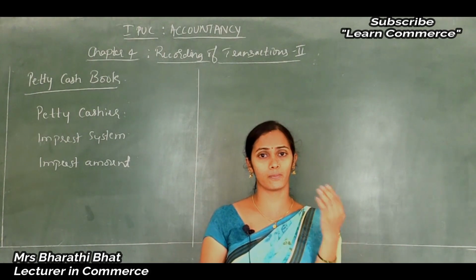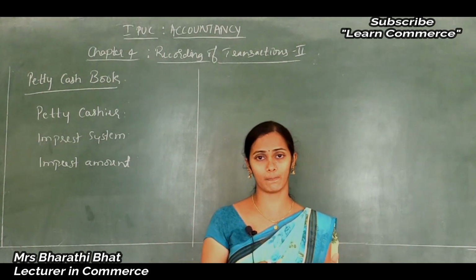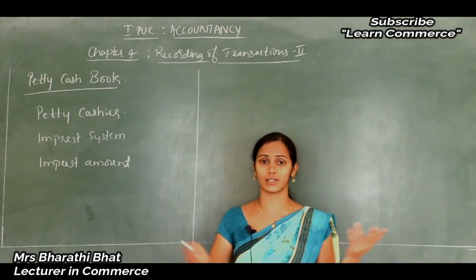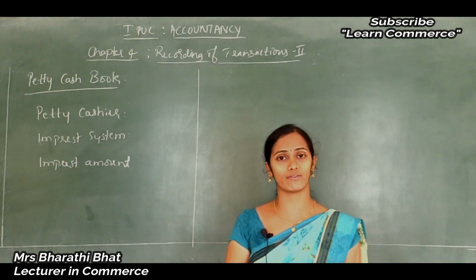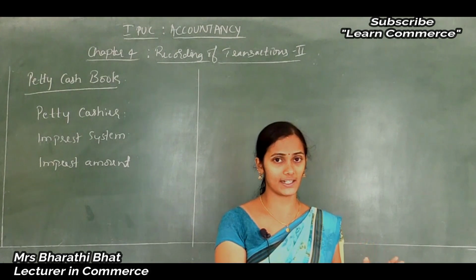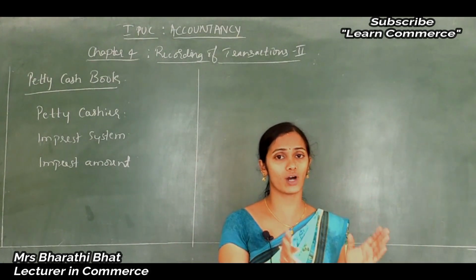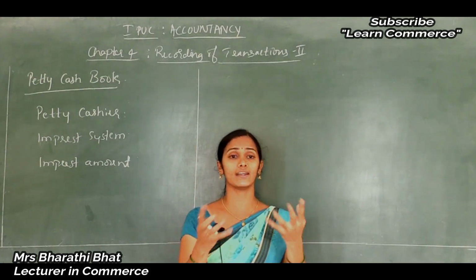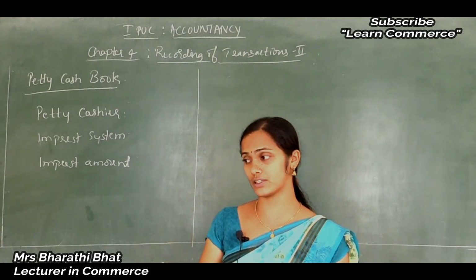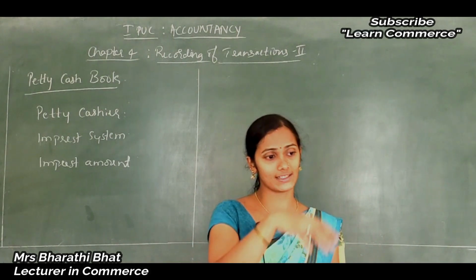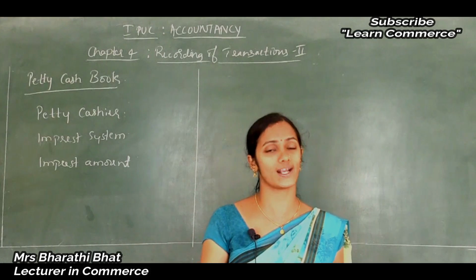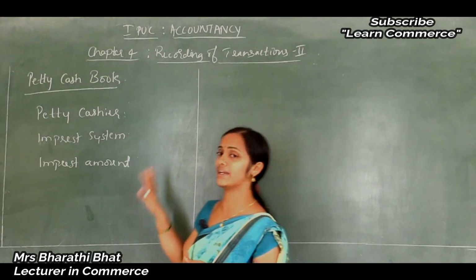If the main cashier records all these small payments, then the cash book becomes very bulky and the main cashier becomes overburdened. So to avoid this, the main cashier appoints one more cashier called the petty cashier. This petty cashier works on the imprest system, and he receives the imprest amount from the main cashier, which is used at the time of payment of small expenses. That is about the petty cash book.